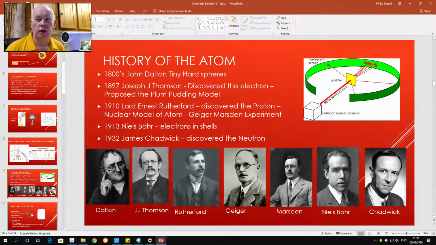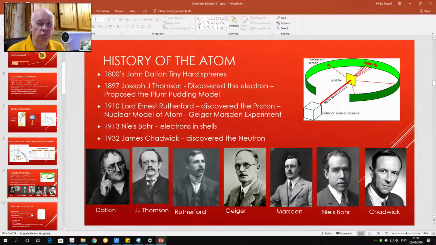And these shells are what we use now to describe our atom. And all stayed really well now until about 1932, when our model of our atom was complete, when James Chadwick discovered the neutron.